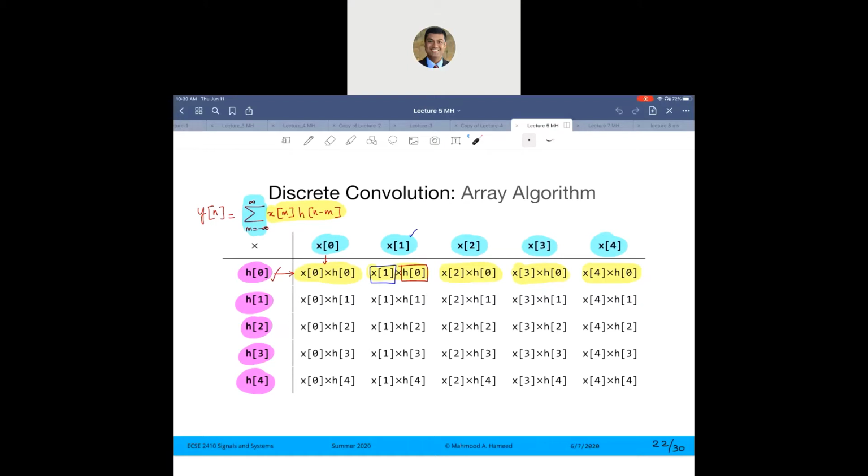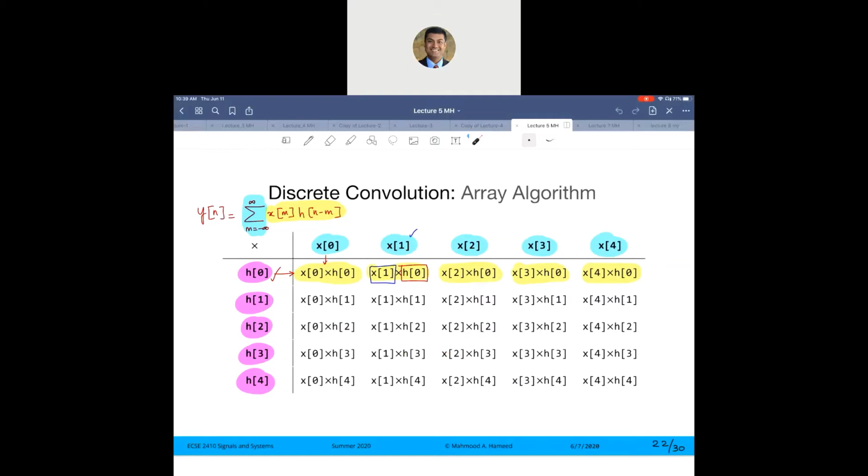It involves distributing the elements in one of the inputs on the columns and the other discrete signal, in this case, on the rows. So H of 0, H of 1, H of 2, H of 3, H of 4, those are 5 elements in H that are written up in that particular column here that correspond to the five rows.